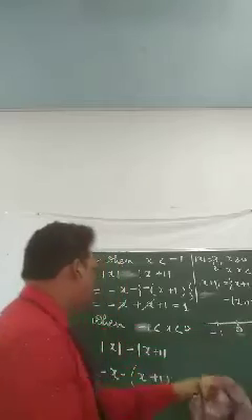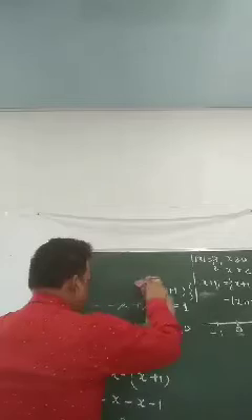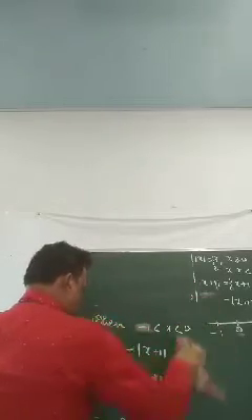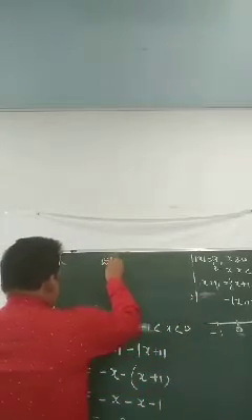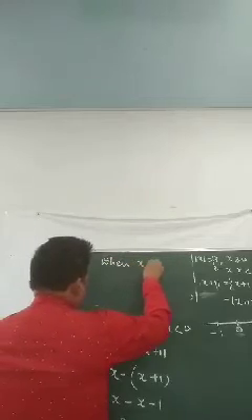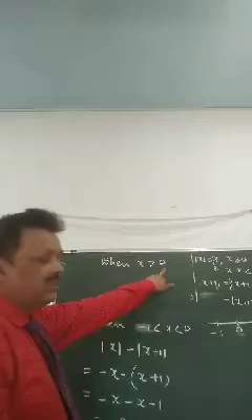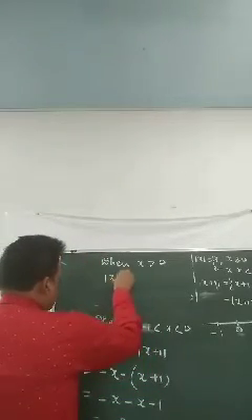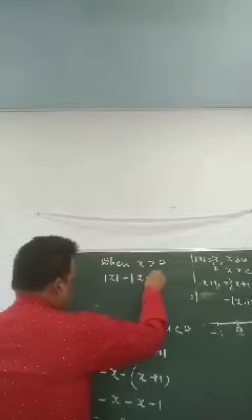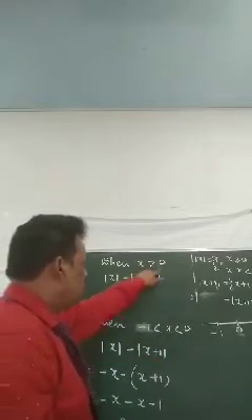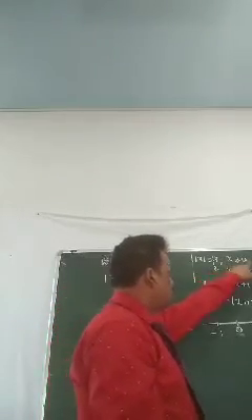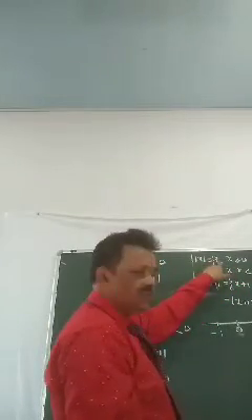What is the third case? When x is greater than 0, what is our expression? Mod of x minus mod of x plus 1. When x is greater than 0, mod of x is x.